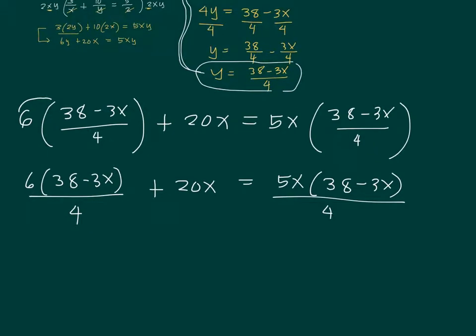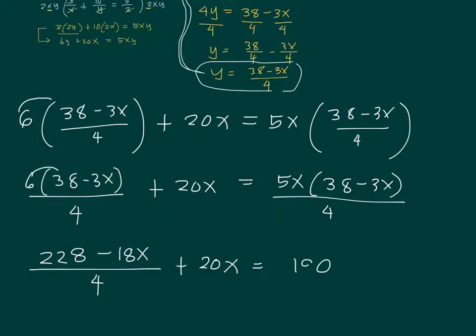Okay, so let us distribute 6. So this would be 6 times 38 is 228, minus 18x, over 4. And then plus still 20x is equal to 5x times 38, that would be 190x, minus 15x squared, because x times x is x squared, over 4.